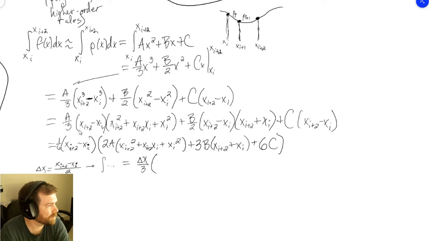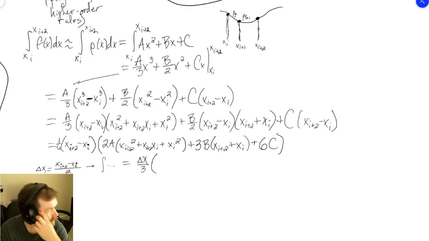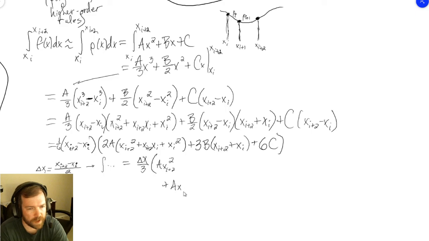Yeah, there we go. For convenience's sake, that's how they do this. Okay, so they're going to take these 2a times x sub i plus 2 squareds and split them into 2 groups. One is just going to be a x sub i plus 2 squared, and the other is going to be an a times x sub i plus 2 squared further on down. You'll see how it works in a sec.